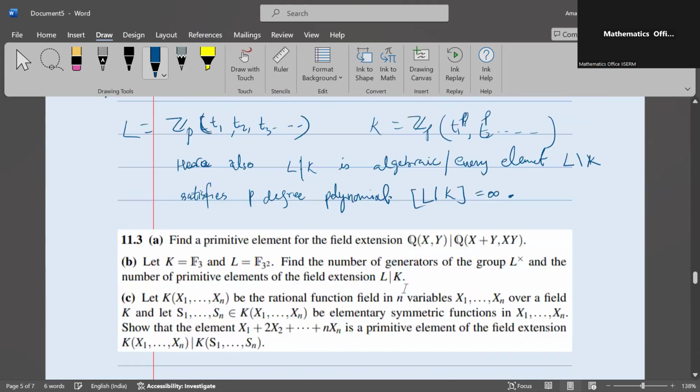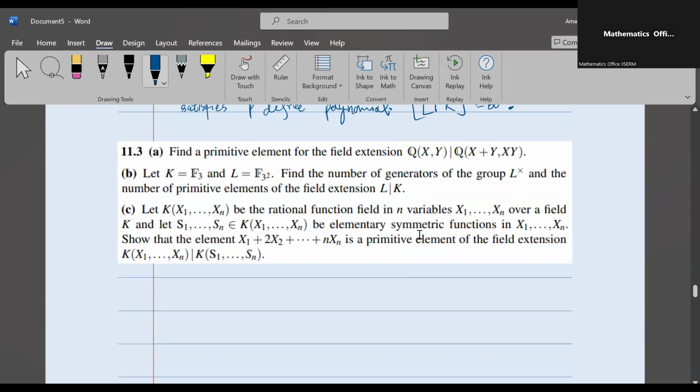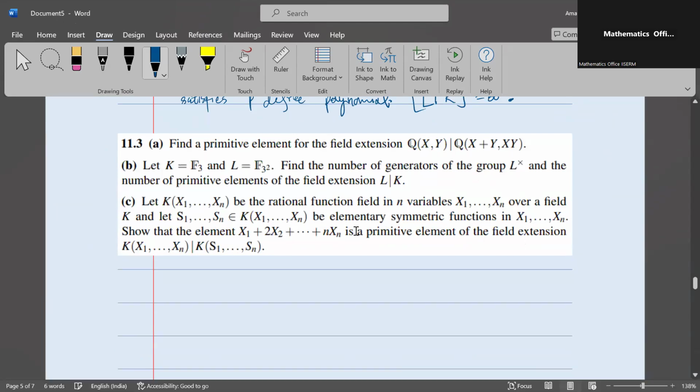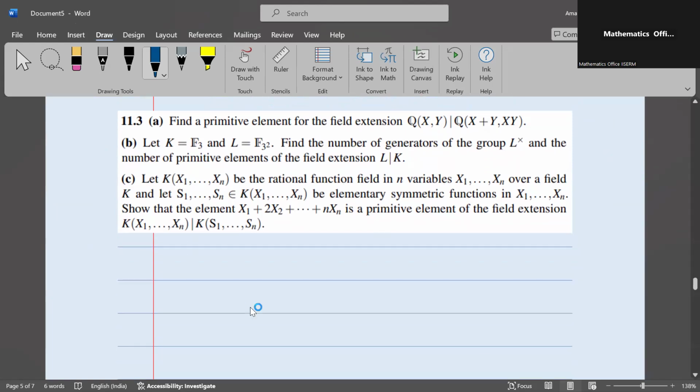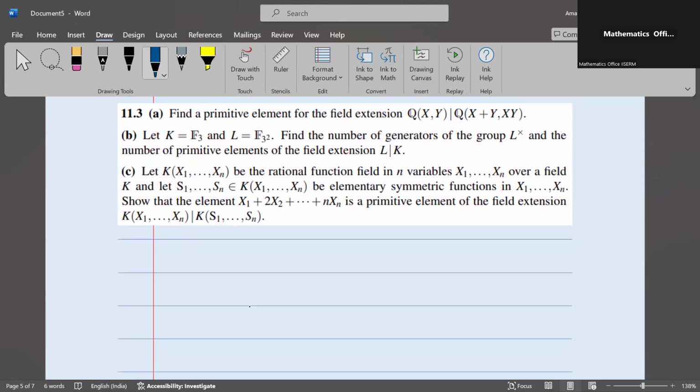Okay, so it is almost time. I hope I could do this also. So let me do some simple thing because a hint is not given. A, find a primitive element of this field extension. We can take the primitive element just x.